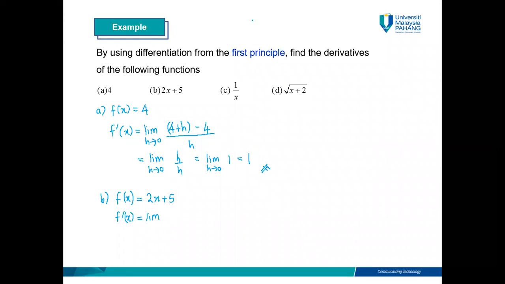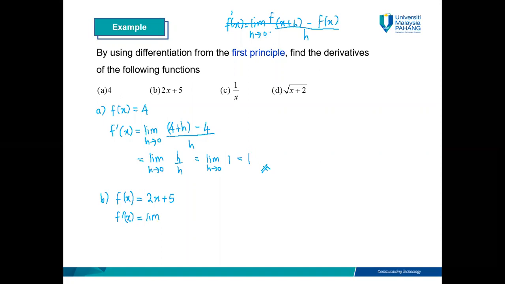Saya tulis formula dia dekat sini. f prime x sama dengan limit of f(x plus h) minus f(x) over h when h approaches 0. Sorry ya, masalah technical sikit.